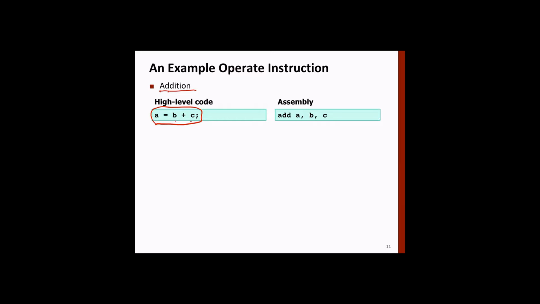There are two operands, B and C, and A is where the result is to be stored. So we can call B and C the source operands, and A the destination. These represent nothing but registers. All three are registers. Okay, so it means register C contains the value of C.